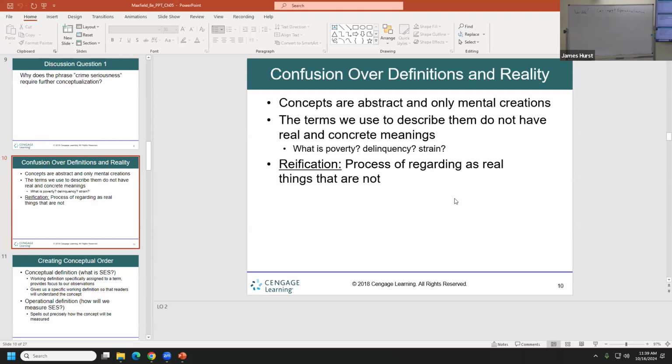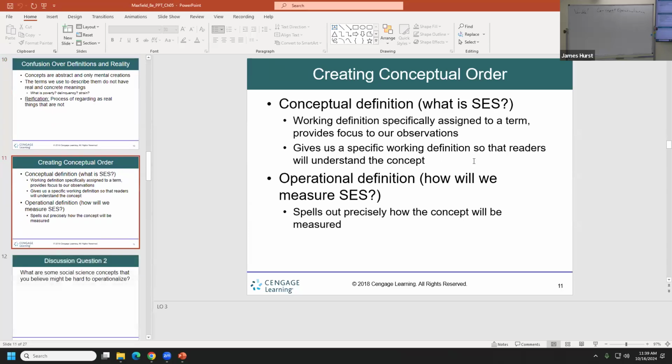Here's reification. Concepts are only abstract and mental creations. Terms we use to describe them do not have any real or concrete meanings. For example, what is poverty, delinquency, and strain? Poverty, you're talking absolute or relative, and realize we have to define both. Next one. Socioeconomic status. What is it? No clue. Right?